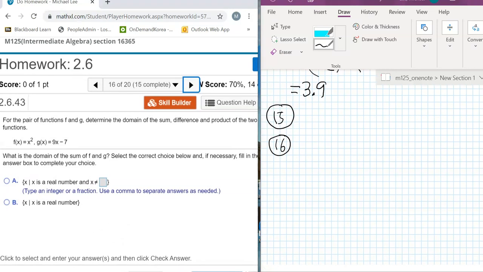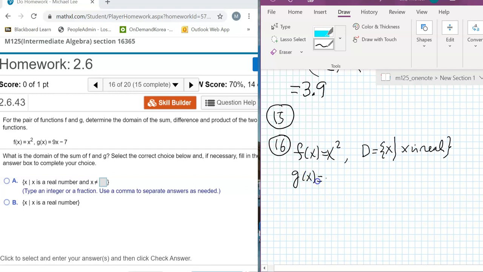For the pair of functions f and g given, what is the domain of f and g now? So f of x is x squared. There's no restriction, so the domain is all real numbers. Okay. And then g of x is 9x minus 7.